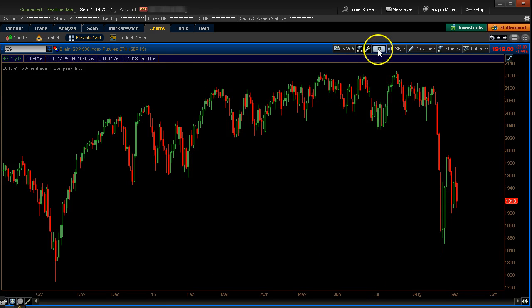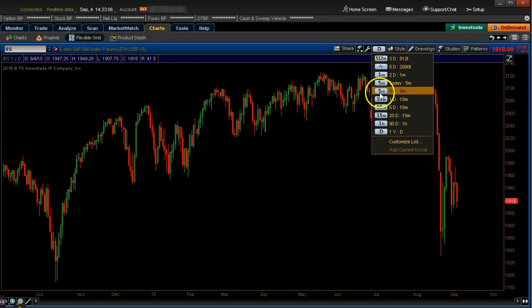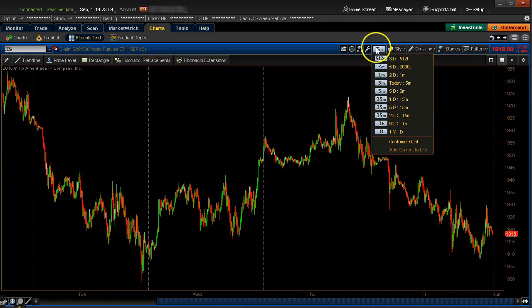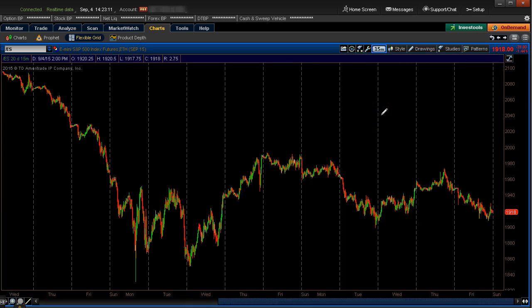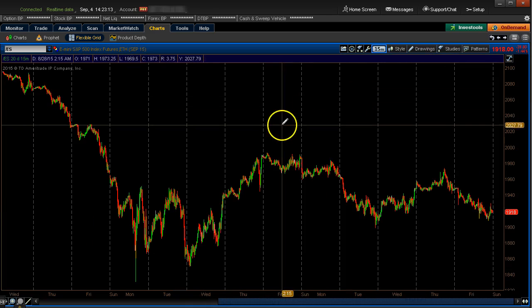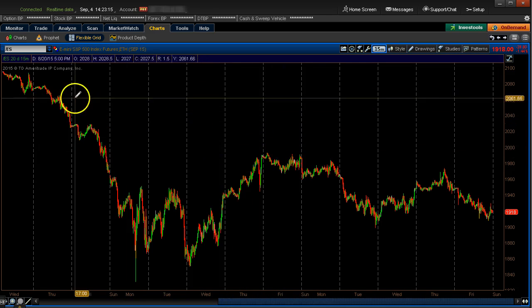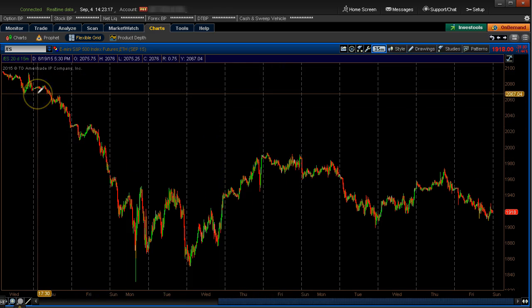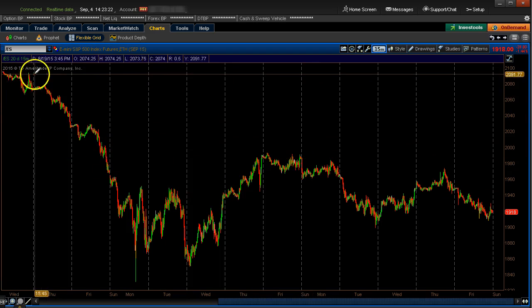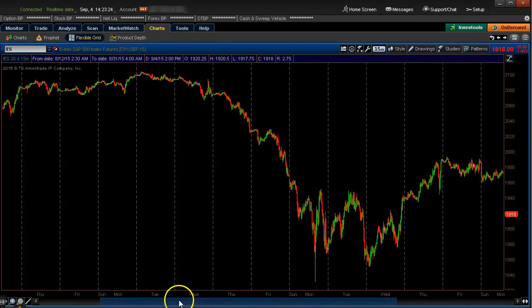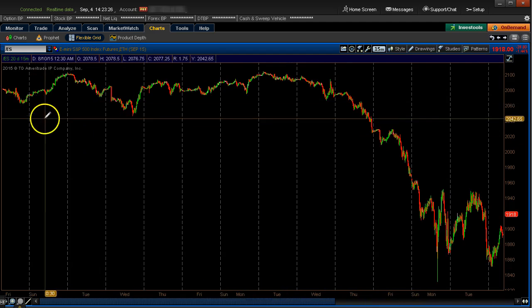So we're going to change this down to a 5-day, actually let's do a 20-day 15-minute chart. The reason I say that is so we can see the bigger picture. What exactly is really happening? We kind of fell, and if we go back in time, we're going sideways, right?